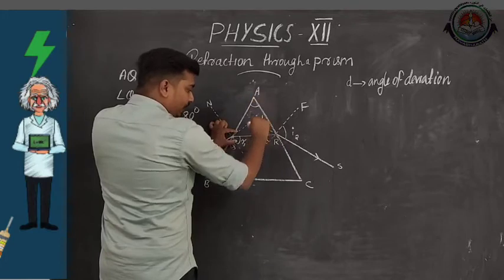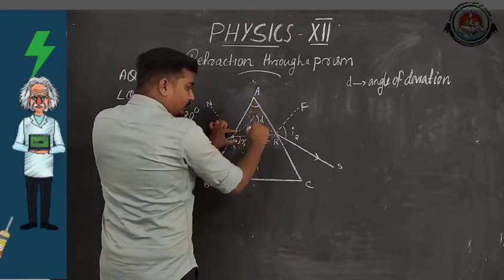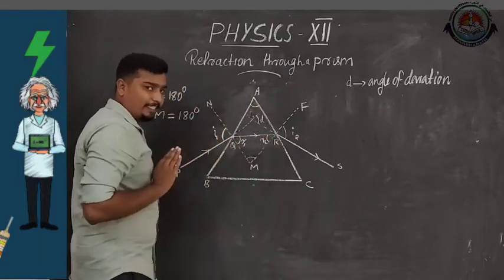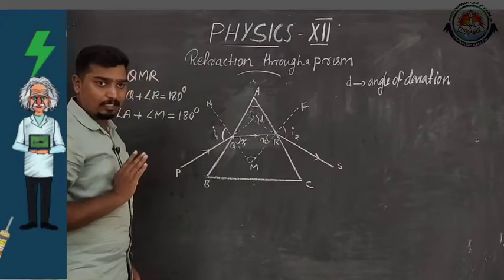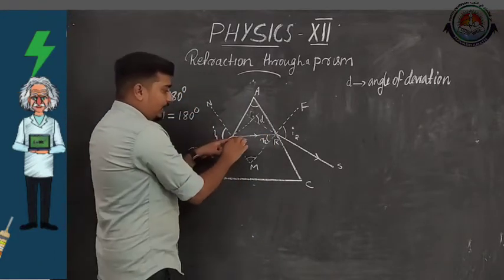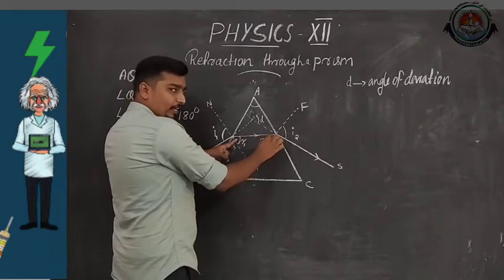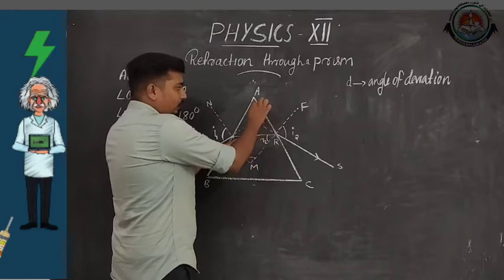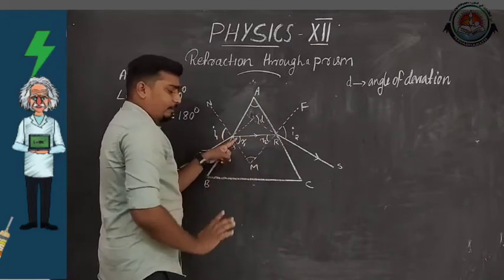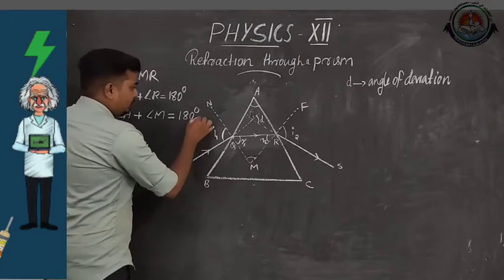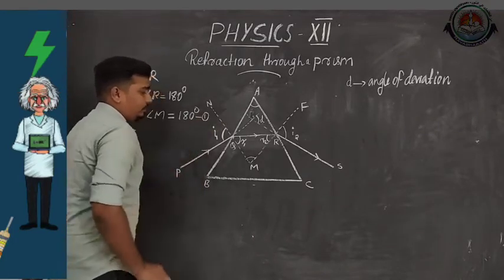Therefore angle A plus angle M equals 180. Why? In this quadrilateral AQMR, angle Q equals 90 and angle R equals 90, so the total is 180. The total angle of a quadrilateral is 360, and angle Q plus angle R equals 180, so angle A plus angle M equals 180. Putting this as equation number 1.